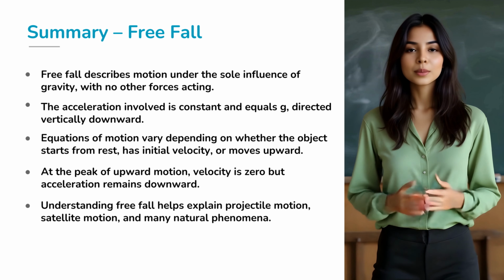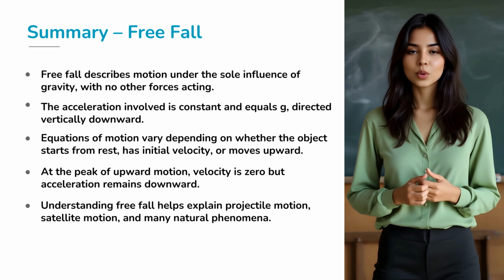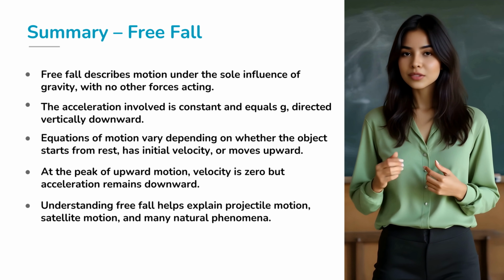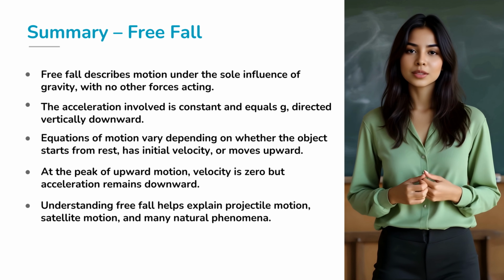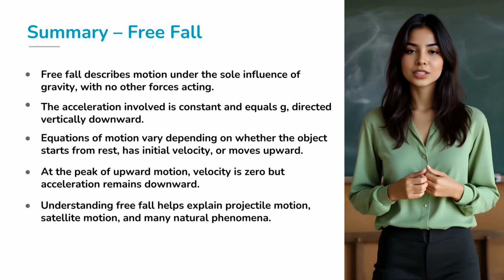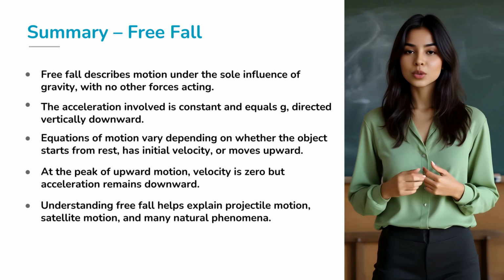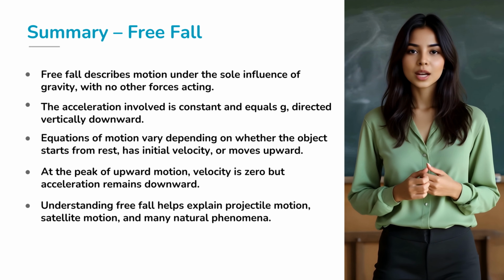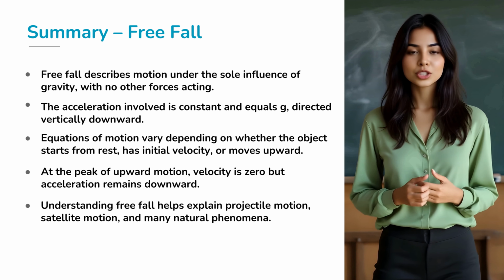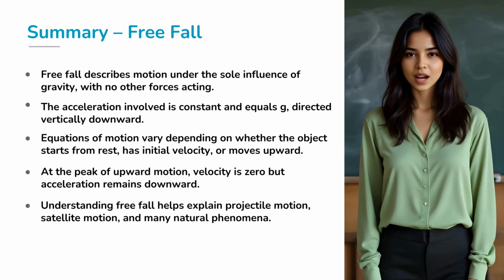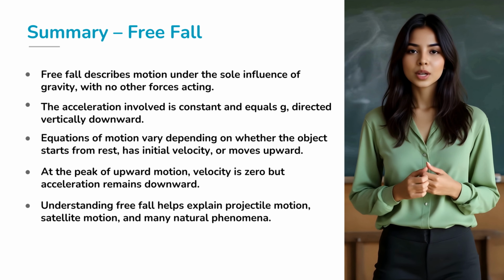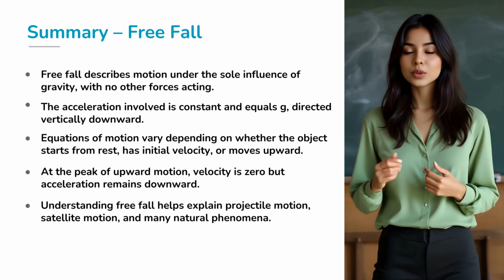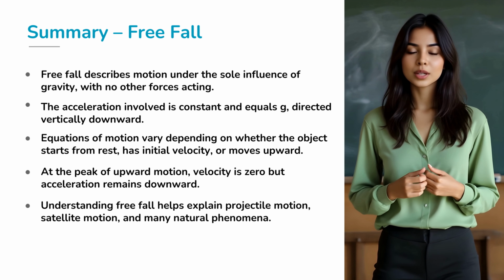Let's sum it all up. Free fall is the motion of an object under the sole influence of gravity with no air resistance or external force. It involves a constant acceleration, which we denote by g, always directed downward. The equations of motion help us calculate how high, how fast, and how long the object moves, whether it is falling from rest, thrown downward, or projected upward.